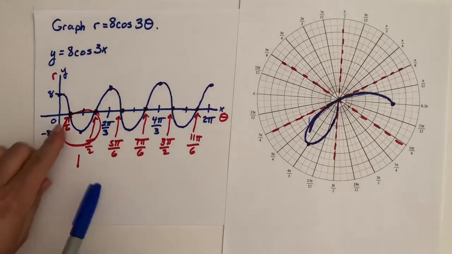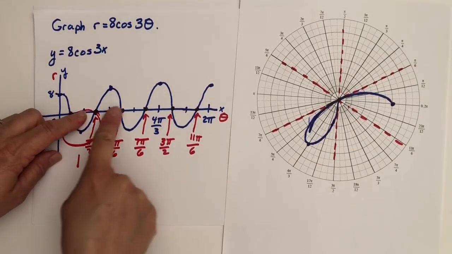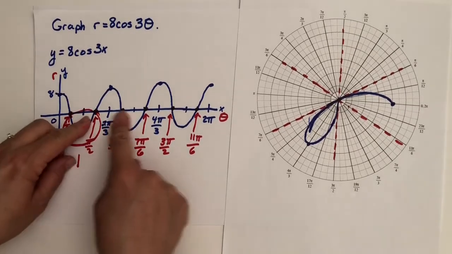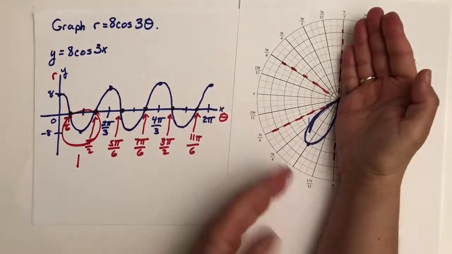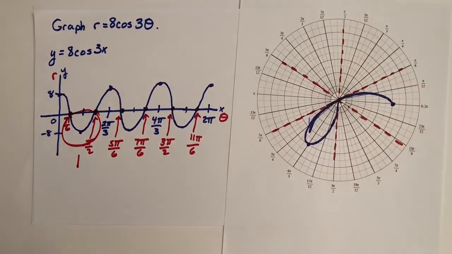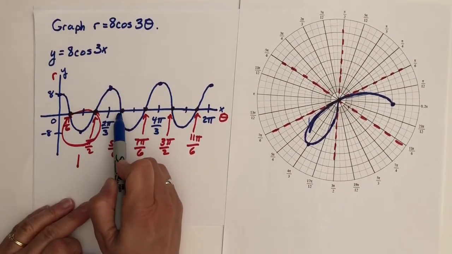Now look, we have another petal between pi over 2 and 5 pi over 6, and the R values are positive. So from pi over 2 to 5 pi over 6 right here, my R values are positive. They'll go out to 8 and come back to 0.